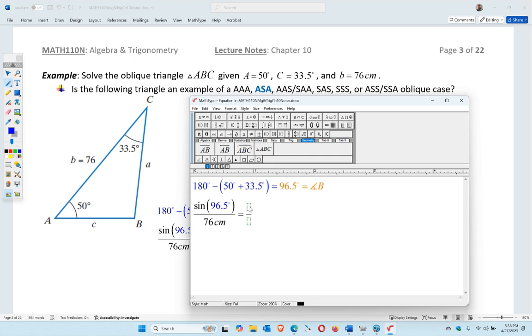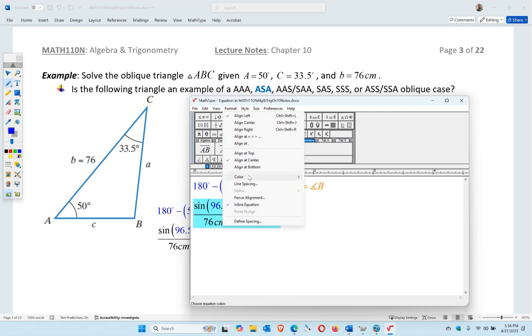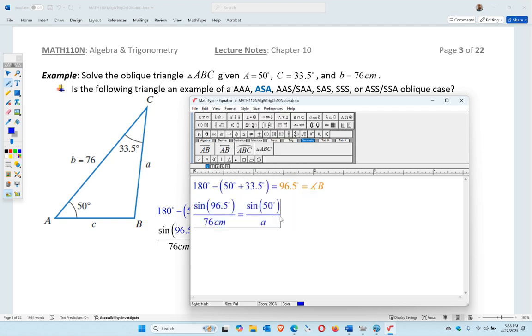So I need both A and C. Okay, so sine of 50 degrees is A. And let's make this blue. Let's copy this. And we'll do the same thing for 33.5 degrees for B. Okay? So let's do them at the same time.